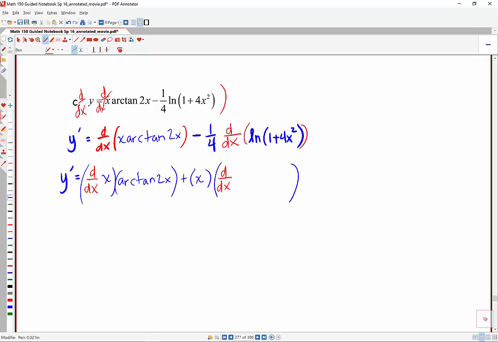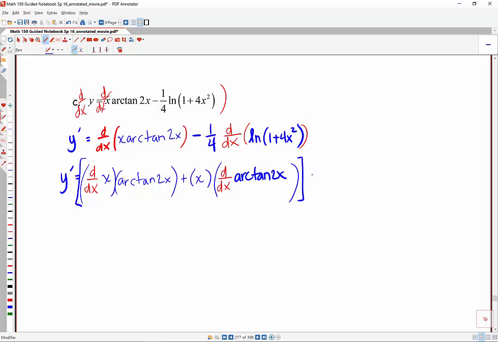So that whole thing is going to relate to just the very first one, that product. And then we still have this minus a quarter. Now, how do we do that derivative?